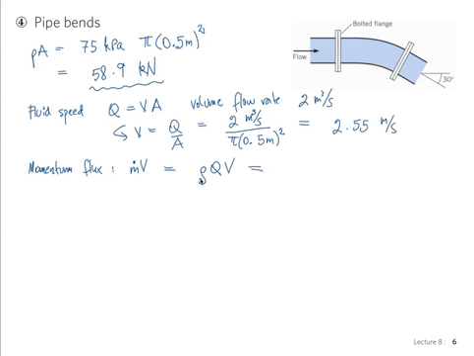And for rho, we're given the specific gravity, so I multiply the specific gravity 0.94 times the density of water, 1,000 kilograms per cubic meter. So that's rho of the oil. Q was given, 2.0 meters cubed per second, and the velocity I've just calculated, 2.55 meters per second.